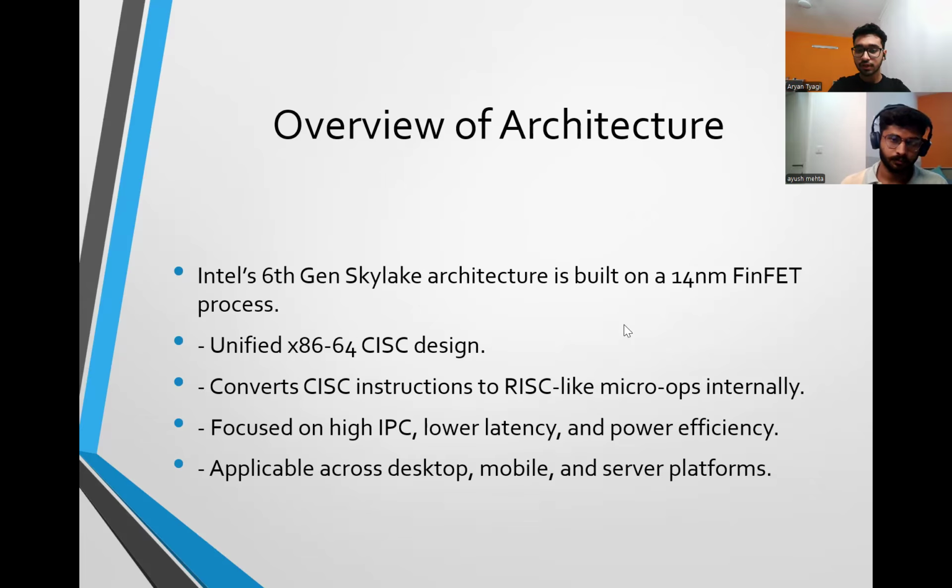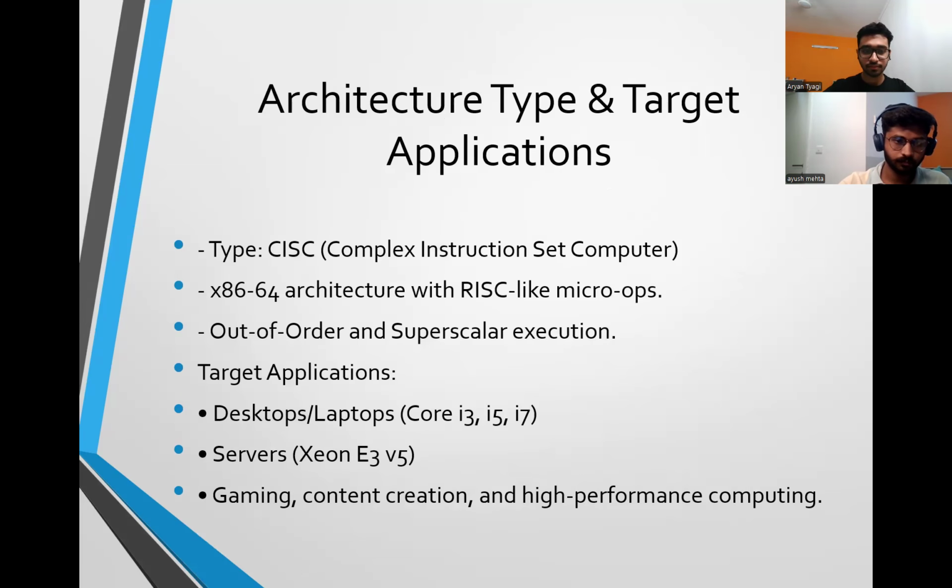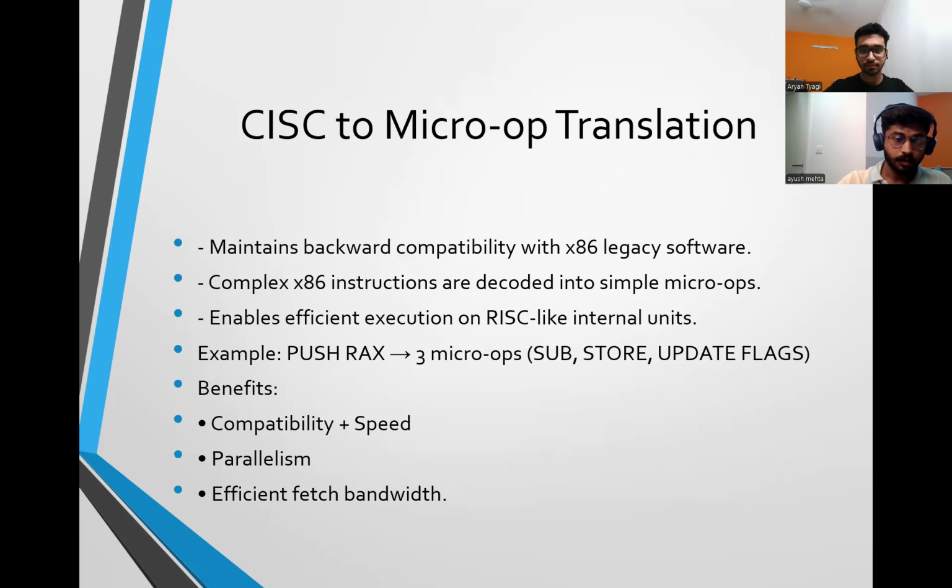Now that we have a general understanding of the architecture, let's move on to its design type and target applications. Skylake belongs to the CISC family, but incorporates RISC-like execution internally. This hybrid design allows it to handle both complex and simple instructions efficiently.